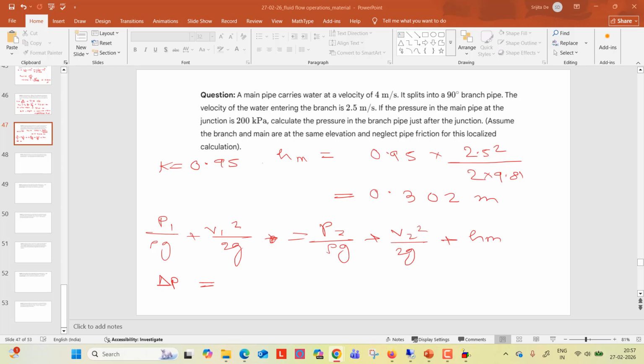So V1 square is 4 square, minus V2 square by 2G, okay, minus the total head, that is 0.302. Just a minute.